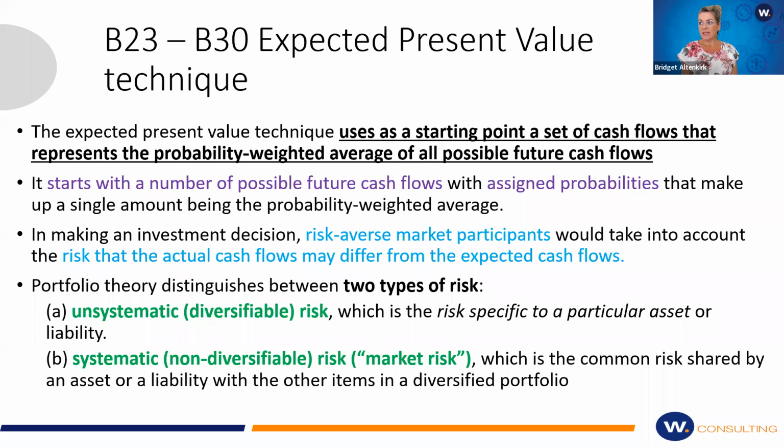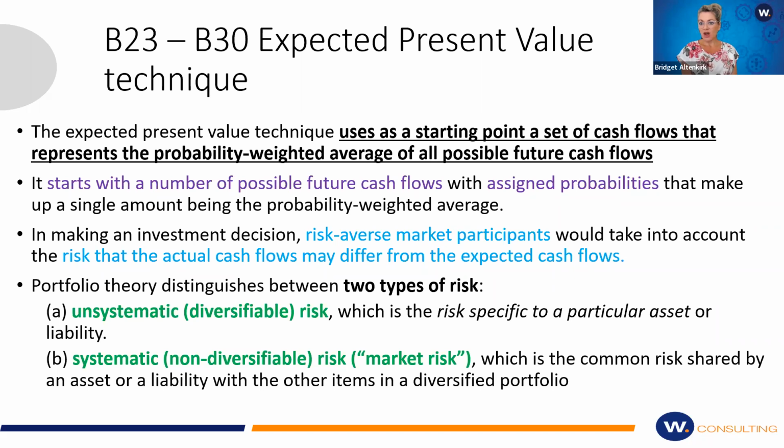This basically means that the entity needs to forecast what are the different cash flows which they think they could be entitled to associated to this asset or liability. What is the possibility of each of those cash flows then occurring? 10% of this cash flow or 20% of that cash flow, etc. They then need to weight them to calculate what is the probability weighted average of the cash flows.